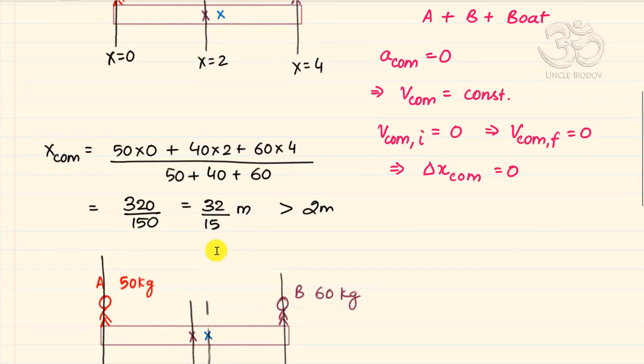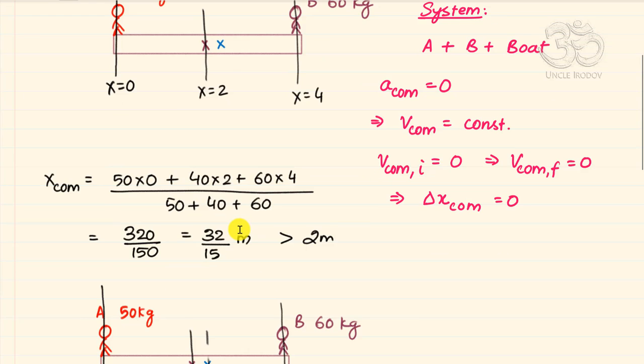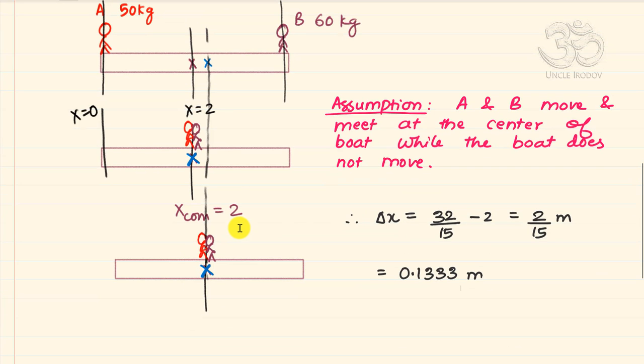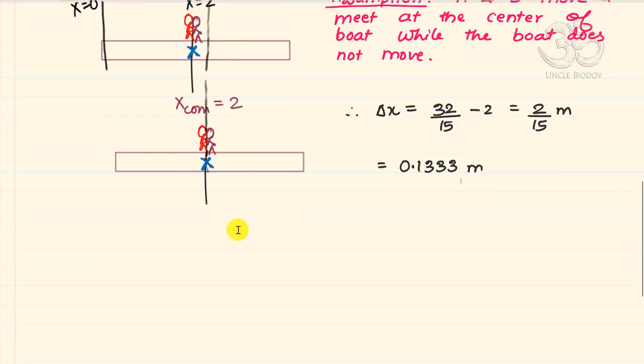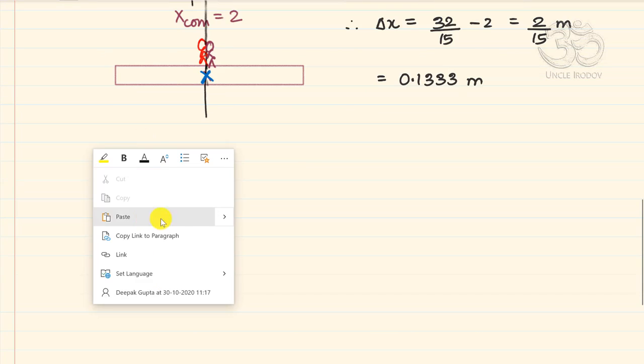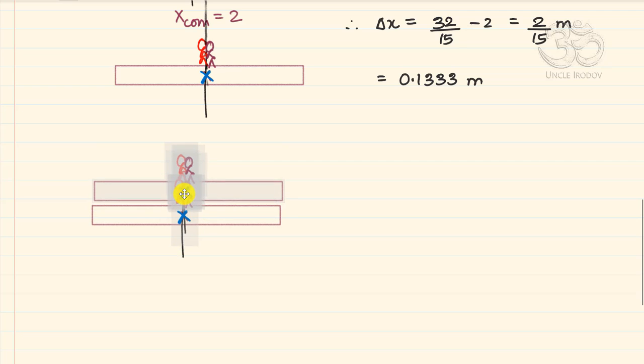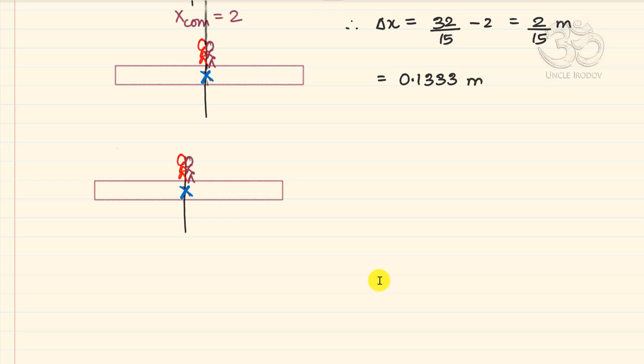But how could we have done this using the formula? So using the formula, let us try to do this particular problem. Let's say as A and B move, A moves to the right by 2 meter on the boat.